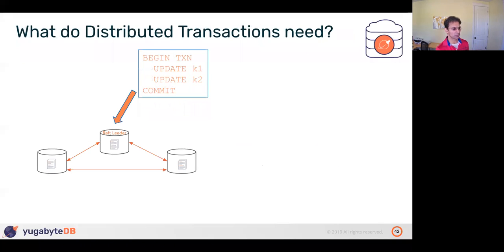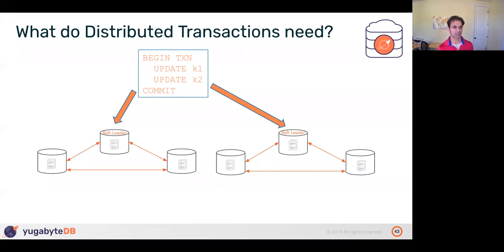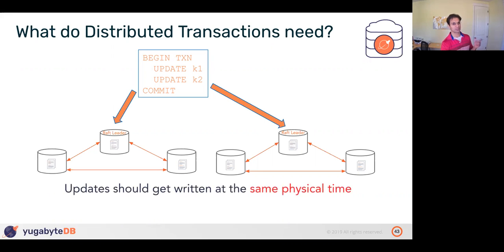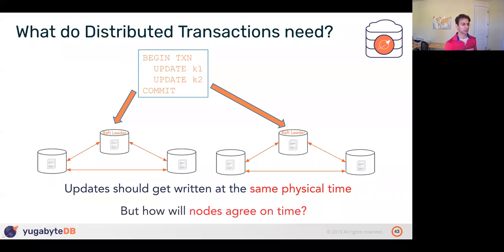So the real update looks like you are making updates across Raft groups. Each of these is atomic and linearizable and all of these good properties, but all of these updates should be atomic together, not just every single sub-operation. So they need to have the same time, and that means that the nodes need to agree on time.